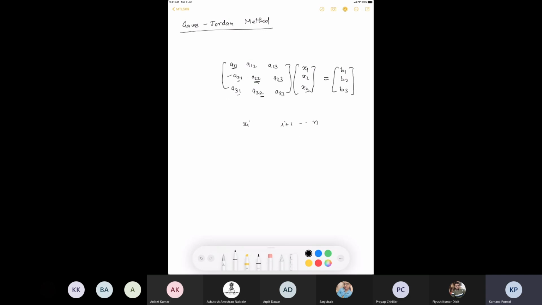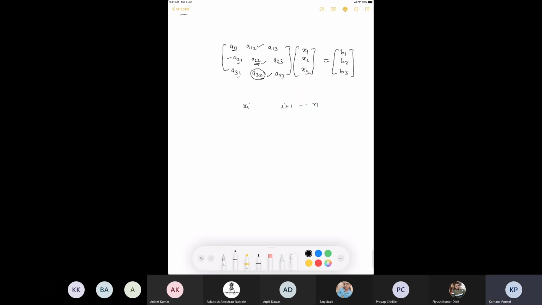If I talk about this component here in the modified system, in the Gauss elimination I just use this element to eliminate this factor, a3,2 into x2. But in the Gauss-Jordan, you will not be just eliminating this, but you will be eliminating this element as well. That is, you want 0 here as well for x2. Okay, let me write it down.